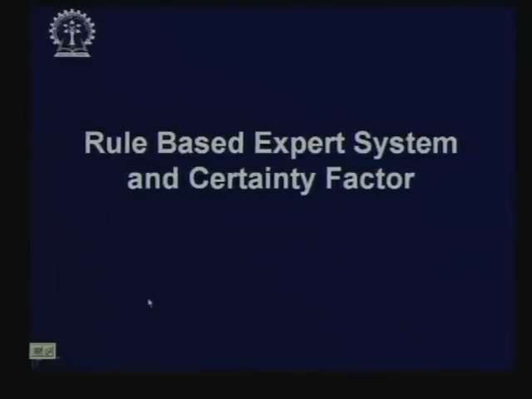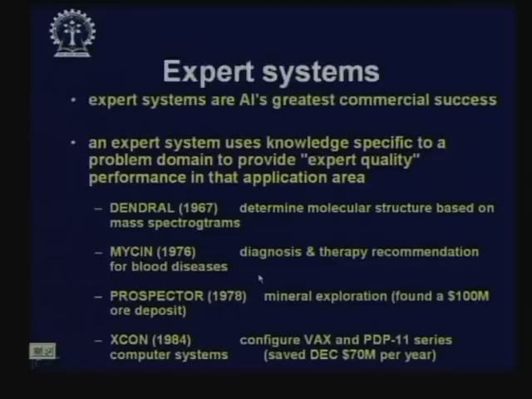Now, rule based systems have been applied in expert systems. And what are expert systems? Expert systems are said to be AI's greatest commercial success, and an expert system uses knowledge specific to a problem domain.